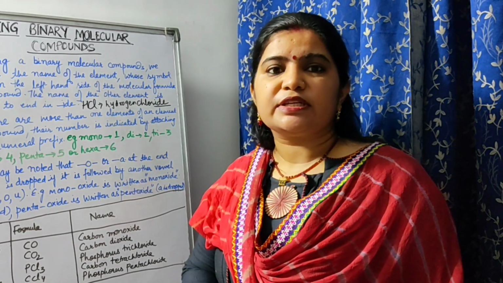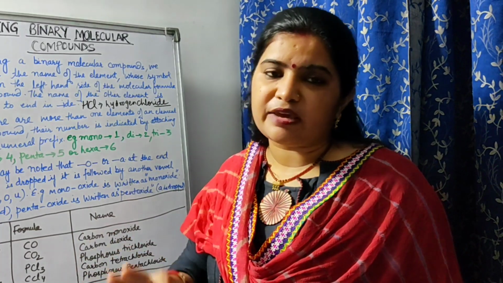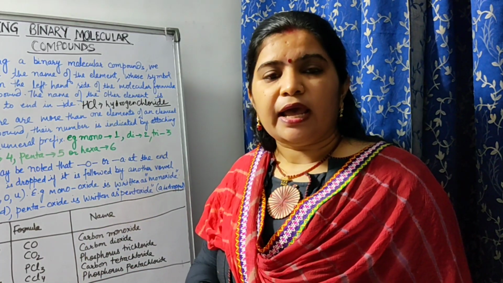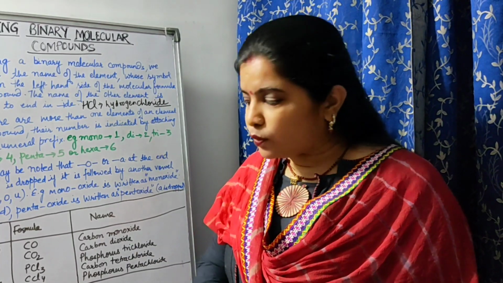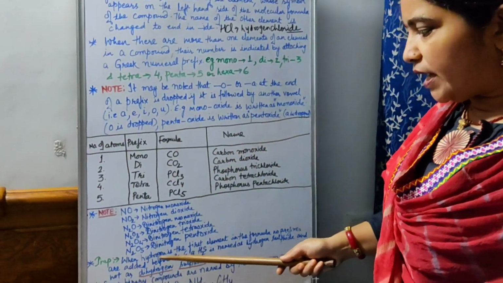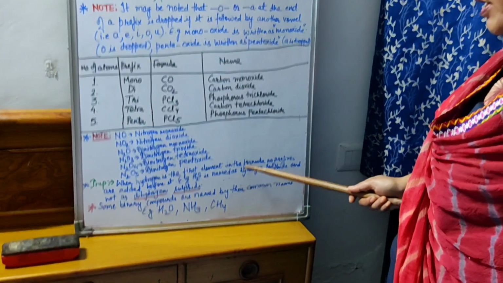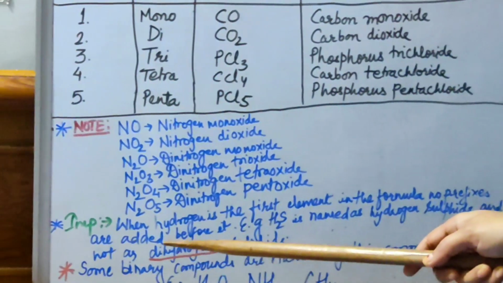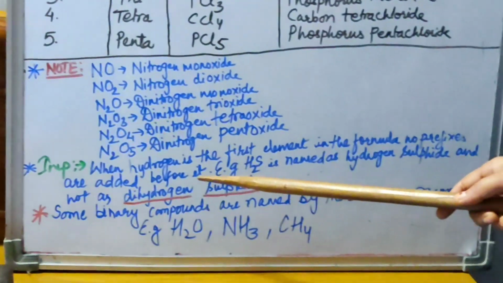Sometimes it can lose one electron and behave as a metal. However, sometimes it gains one electron and behaves as a non-metal. That's why it shows some unique characteristics. When hydrogen is the first element in the formula, no prefixes are added. This is very important.